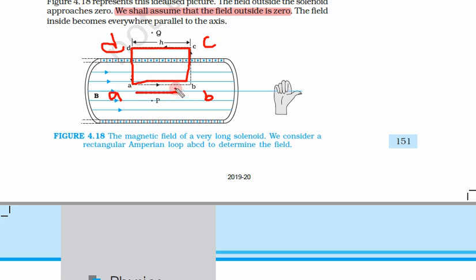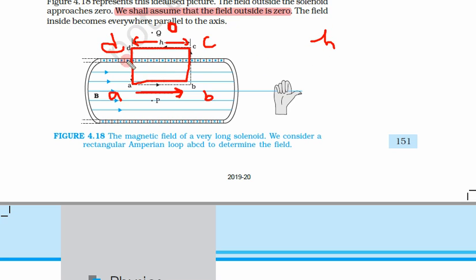Along AB the field is in this direction. Along CD the field outside is 0. This is the length of CD or AB. This is the length of this side, h.